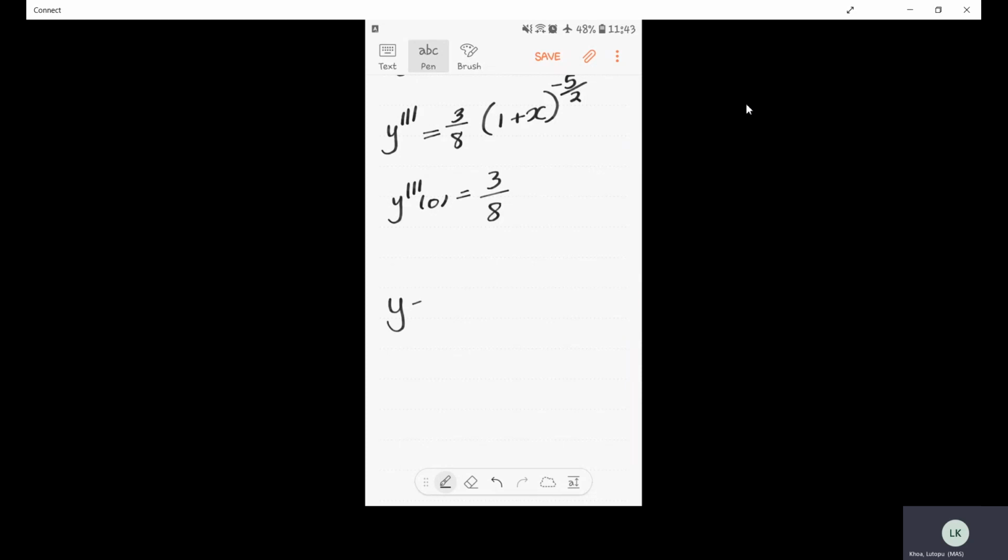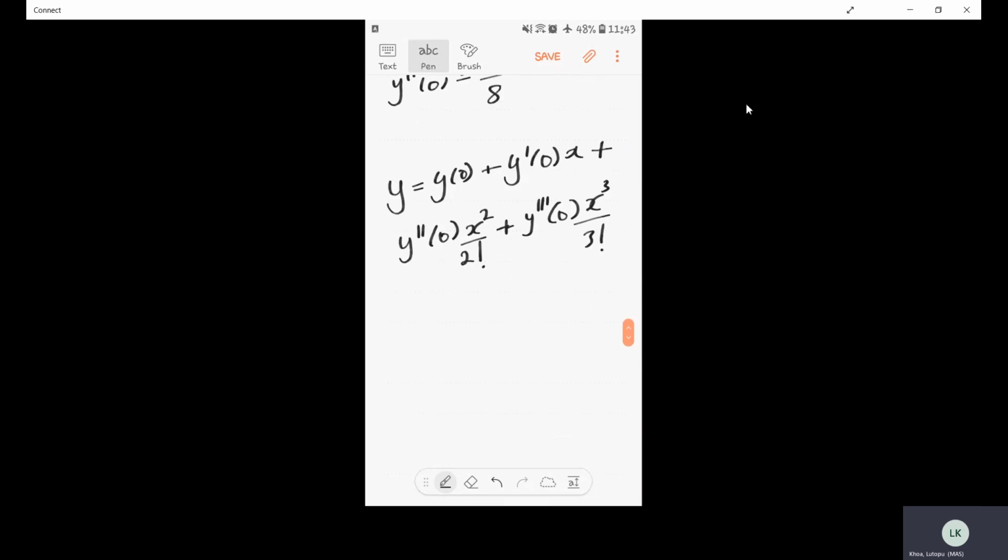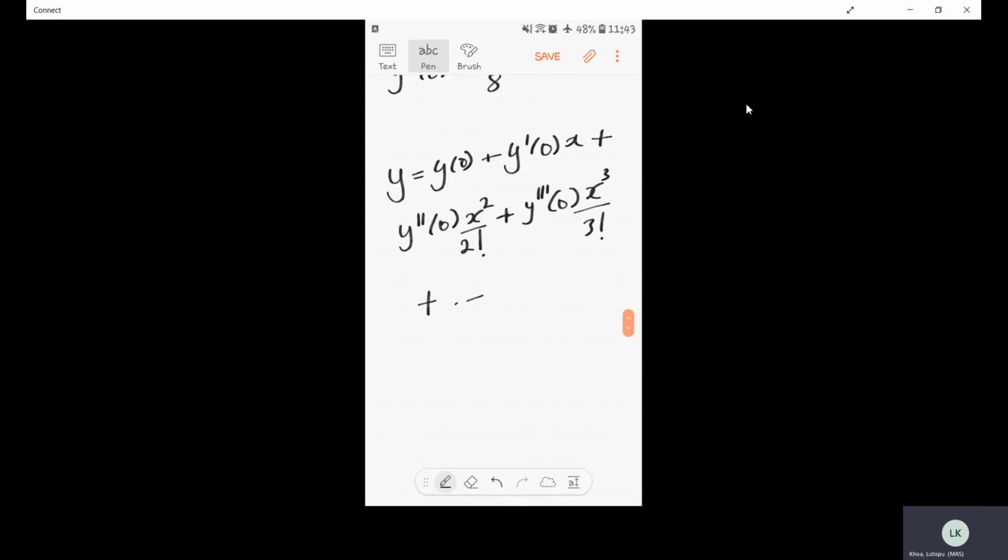So you have y, this is just y of 0 plus y prime of 0 times x over 1 factorial, and then you add y double prime of 0 times x squared divided by 2 factorial, and then you have y triple prime of 0 times x to the power of 3 divided by 3 factorial, and then you continue in that manner.